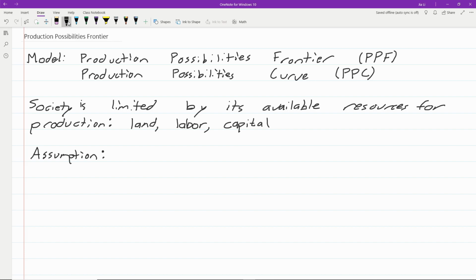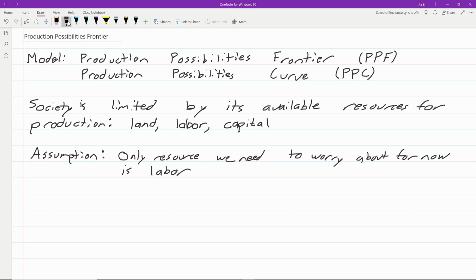Okay. The only resource that we need to worry about at the moment is going to be the amount of labor we have.